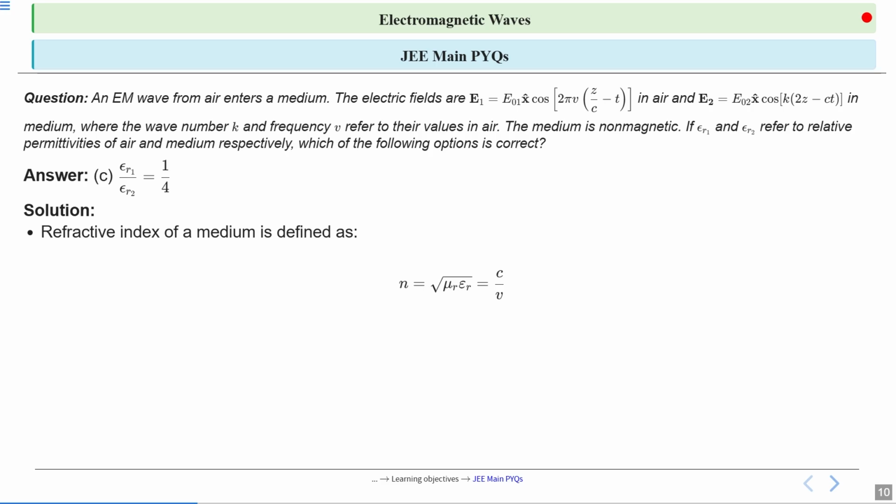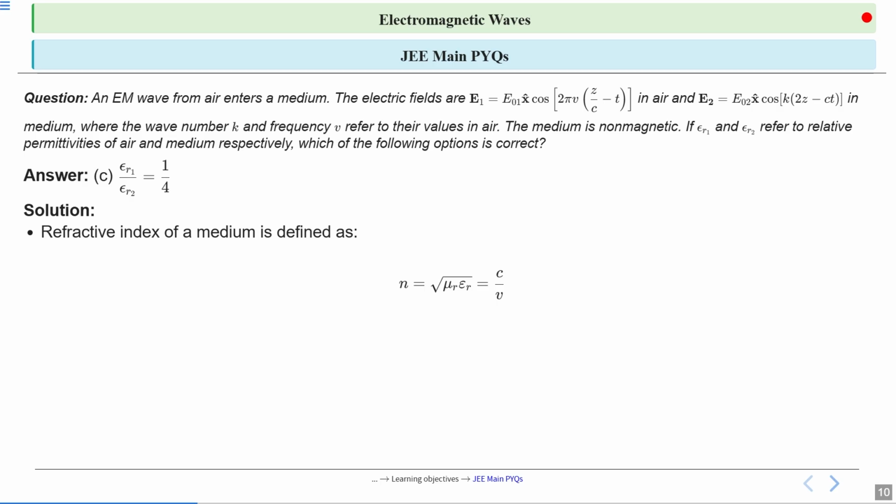The refractive index of any medium is the ratio of speed in vacuum or air to the speed in that medium.